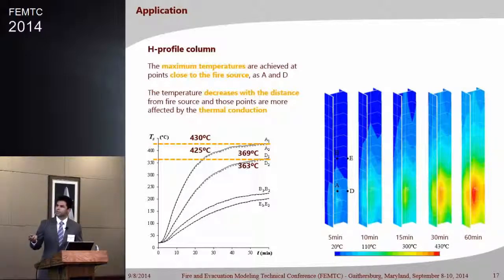So we have a difference of around 5 Celsius degrees here and 6 Celsius degrees for point D. Points B and C are far away from the fire, and they will be affected by the conduction process, as we can see here. This difference in temperature, as we can see in this flange, we have higher temperatures on this side and cooler temperatures here. This difference of temperature will make this part expand more and will create that bending moment I was talking about before.